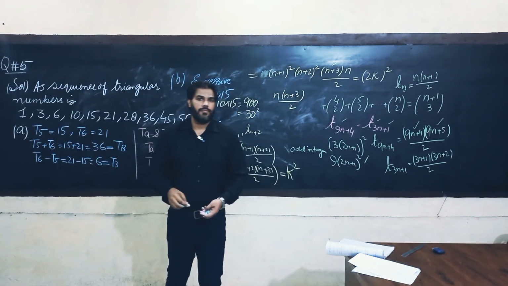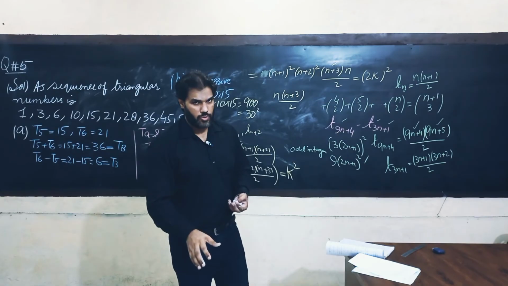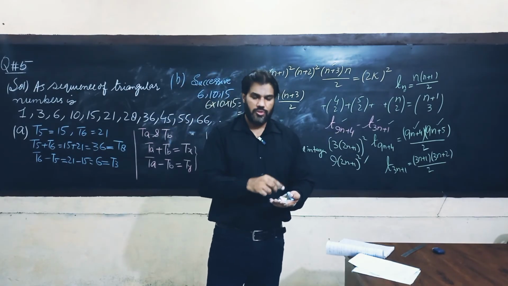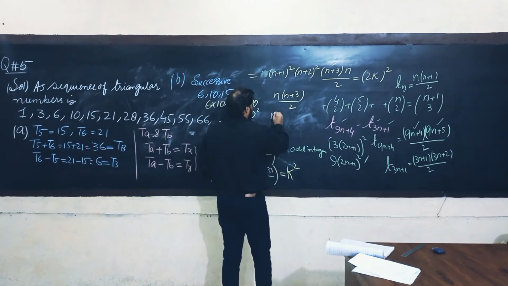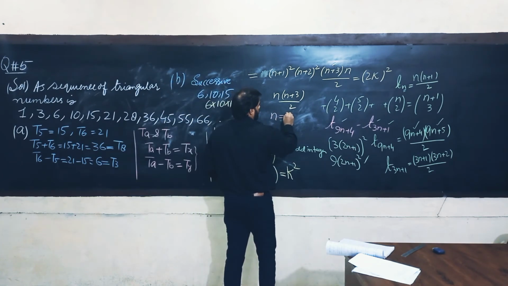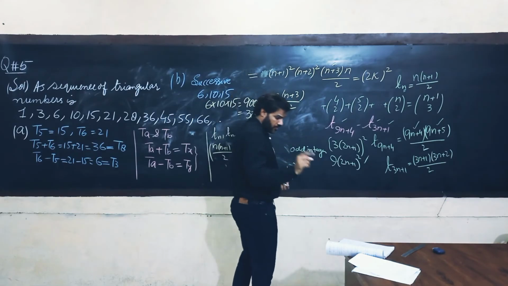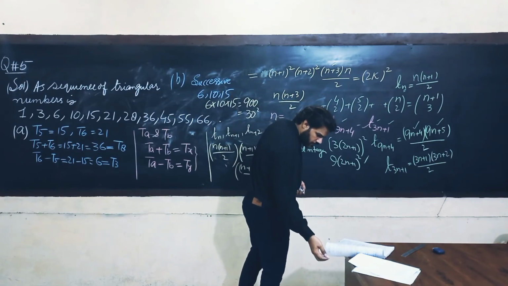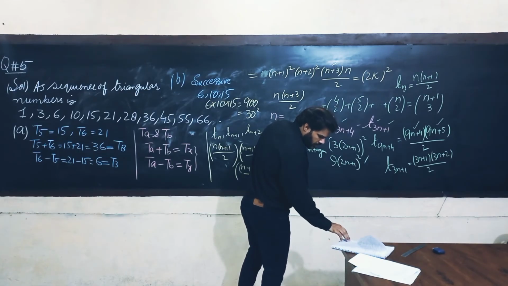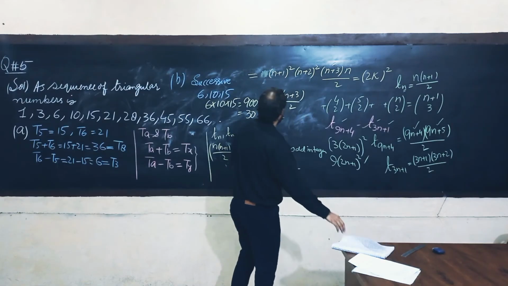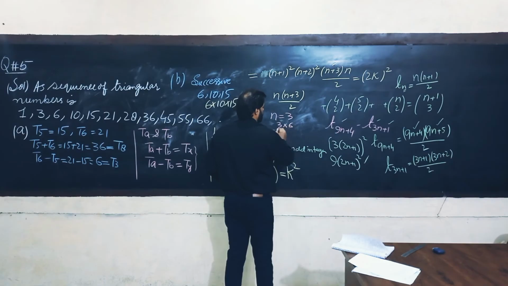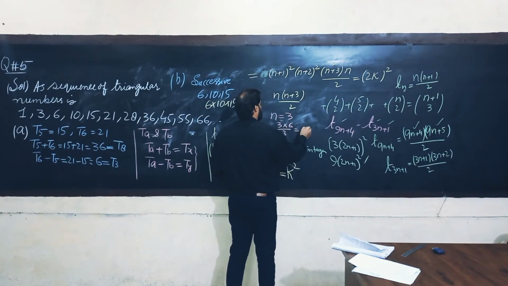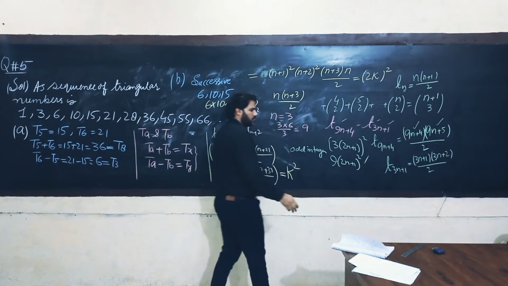So by using the trial and error method, you can find the different values of n for which this number is a perfect square. For example, put n equal to 3. This becomes 3 into 6 over 2, that is equal to 9. That is a perfect square.